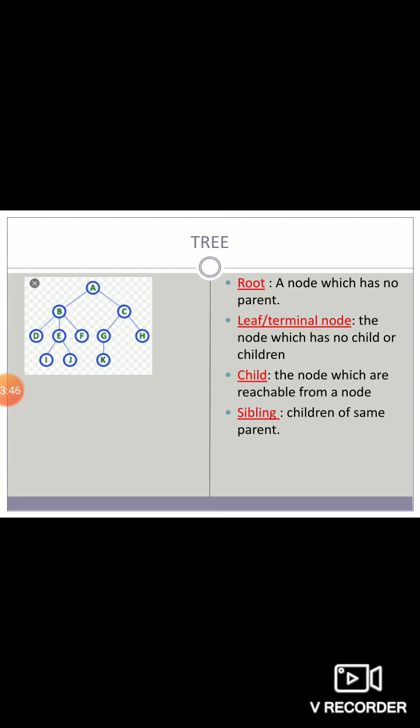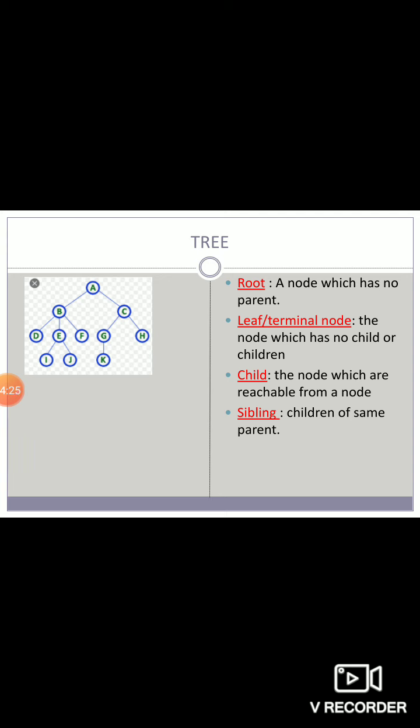The node which has no child or children. Simply, the last nodes, the nodes which are not to be divided further, with no further extension, are called leaf or terminal nodes. Here D, I, J, K, then H, F: these are all leaf or terminal nodes.